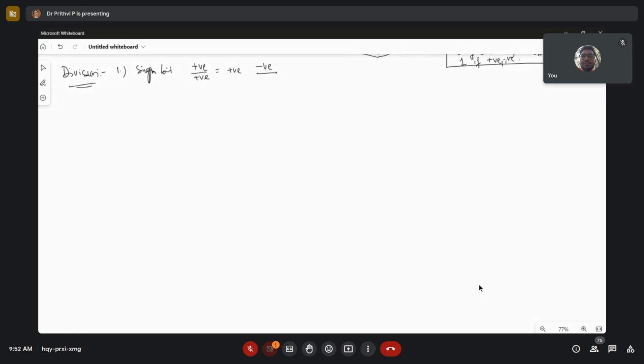Both negative, if you divide, your result will be positive. Done. A positive with a negative or a negative with a positive, then your result will be negative. So again here we can take an XOR operation. Deciding the sign bit, we need to perform an XOR operation on the sign bits, and we will get the needed resultant value of the sign bit. Done. Second thing, when you are doing the exponent portion.